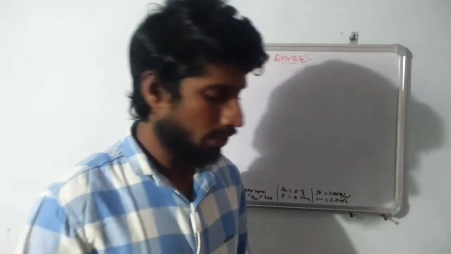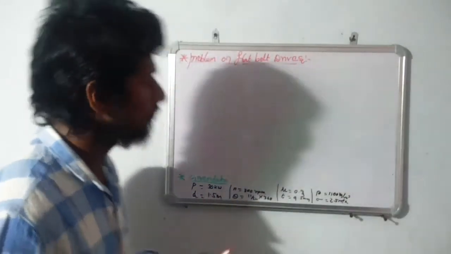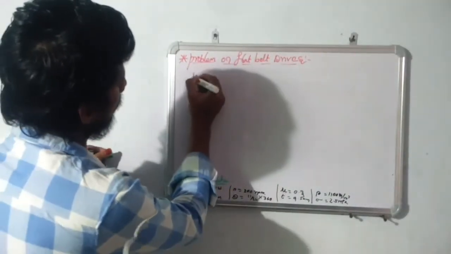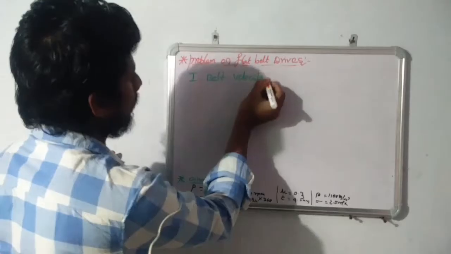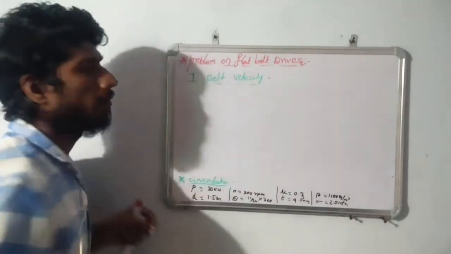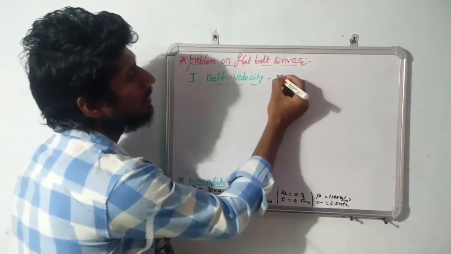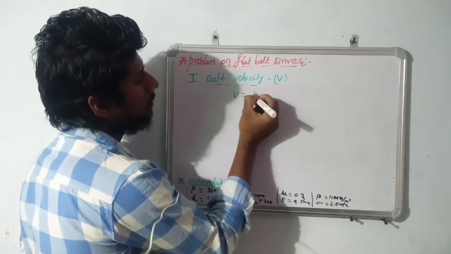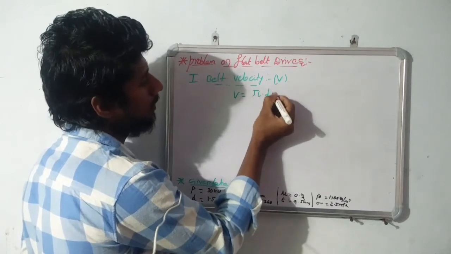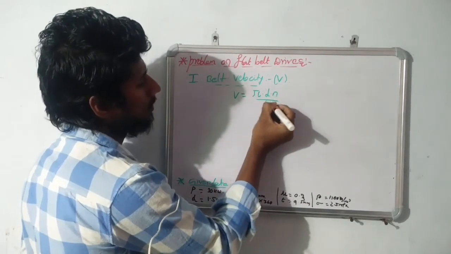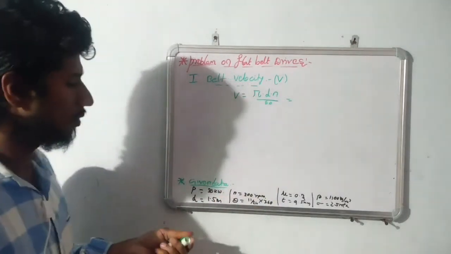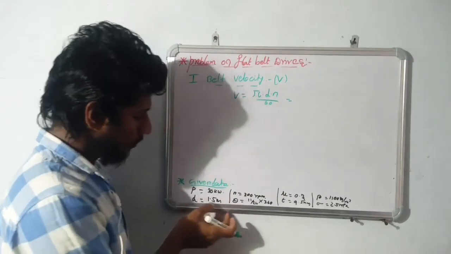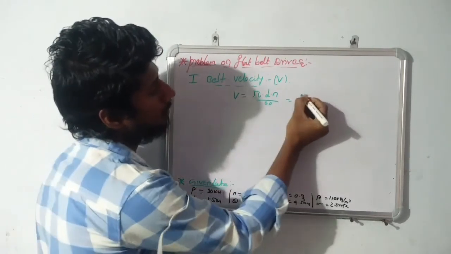So we know the first step is to find out the belt velocity. It is denoted by small v. So v equals pi into d into n by 60. That is equal to, here we have the diameter of the pulley, that is 1.5 meters.